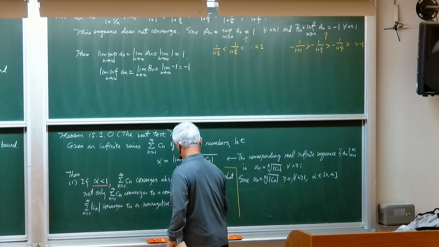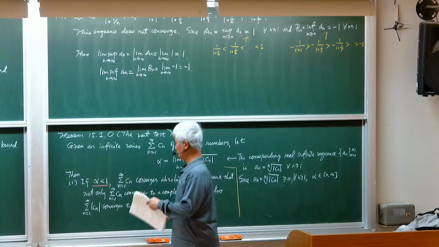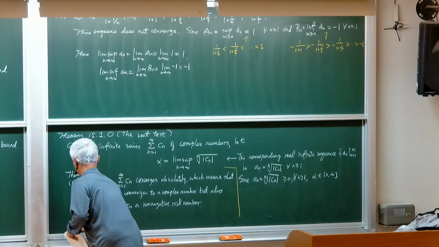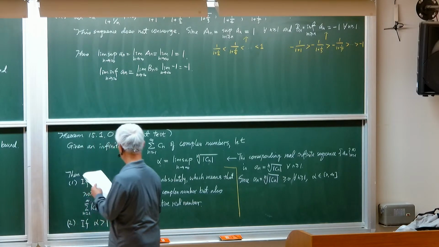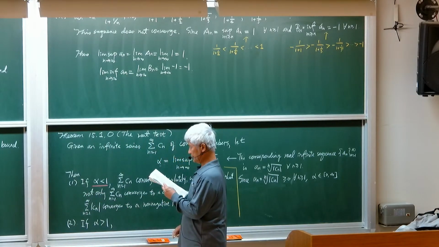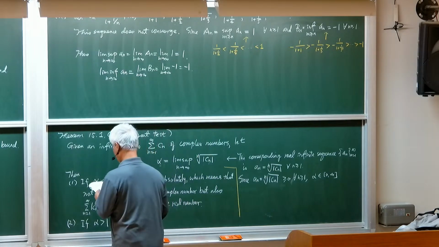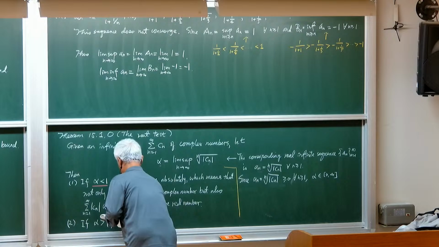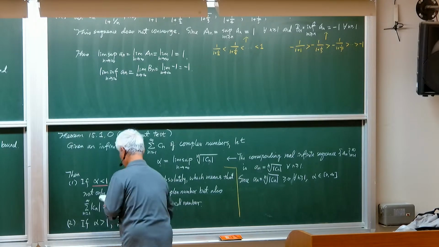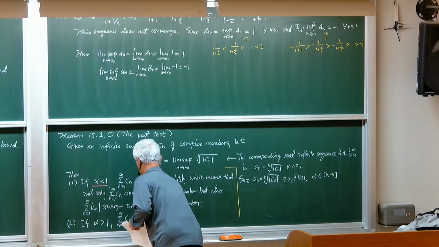This is the first conclusion. The second conclusion is that if alpha is greater than 1, then this infinite series diverges.